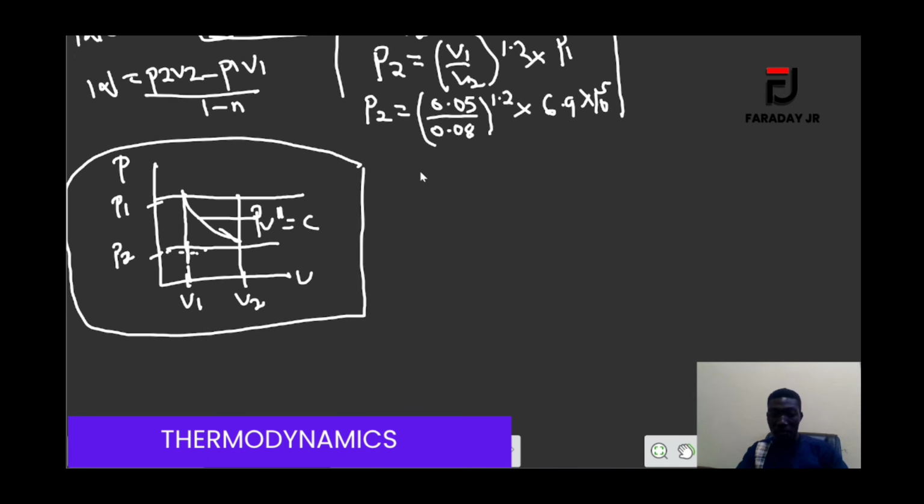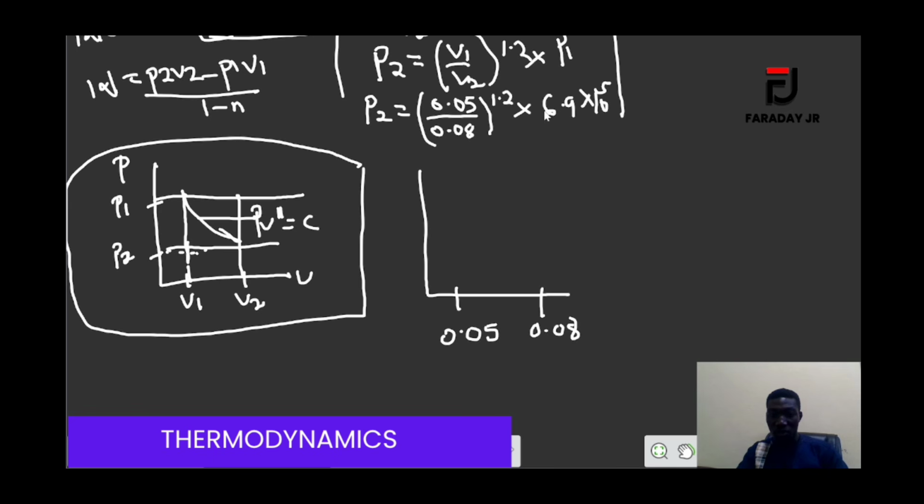So let's see. You can see that the initial volume is 0.05, then the final is 0.08 here.